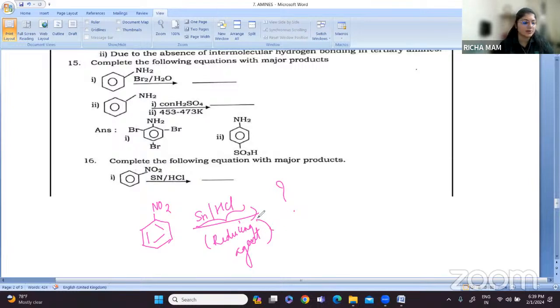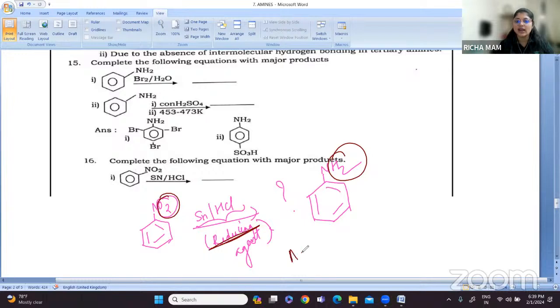What is the answer? Nitrobenzene, when we are treating it with tin and HCl, what do we get? We get aniline. The oxygen O2 is converted into H2 because it is a reduction.